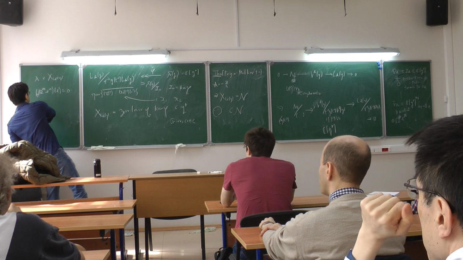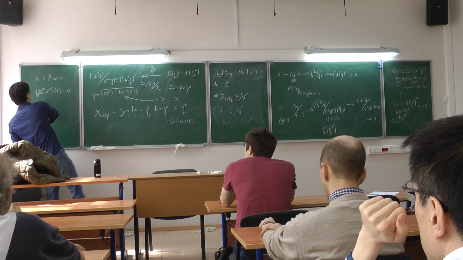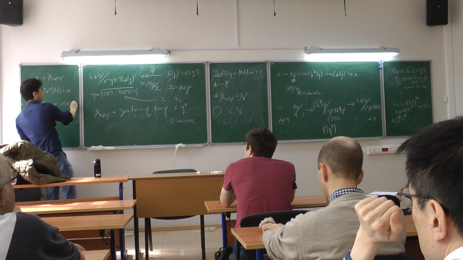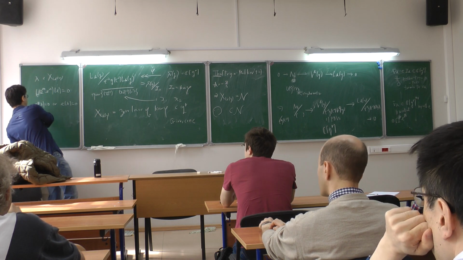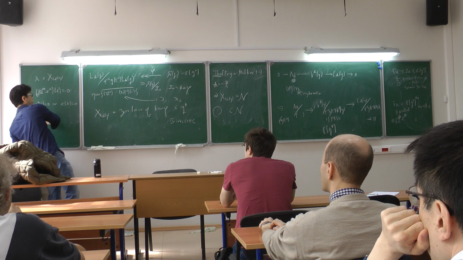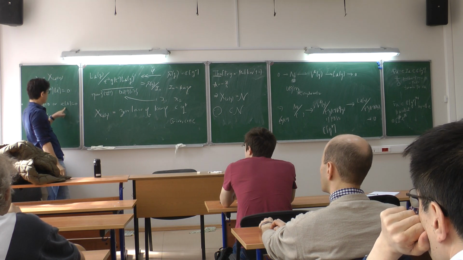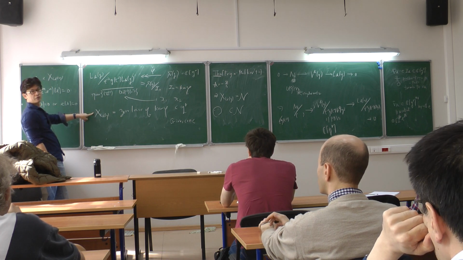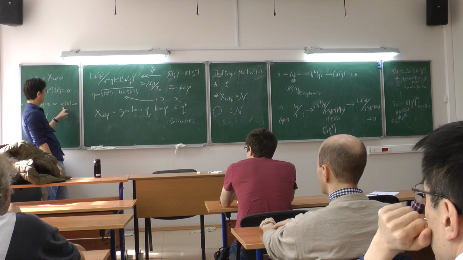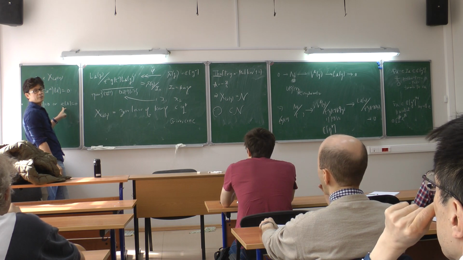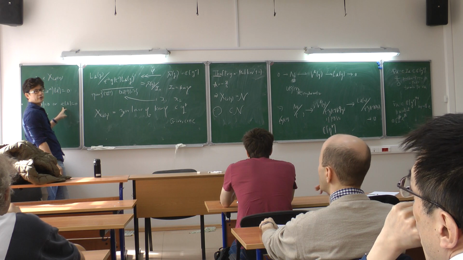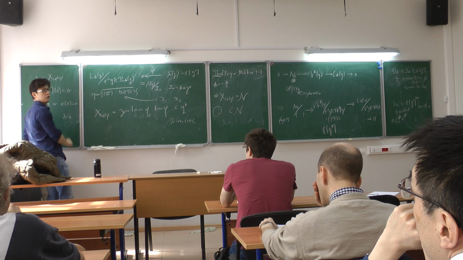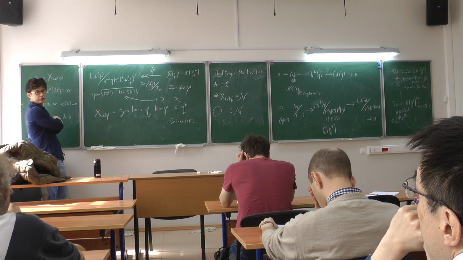So it's either killed by Casimir or killed by E. But if this is the case, this belongs to the nilpotent cone. And recall that this is invariant under the action of G. So it's killed by any nilpotent element. And because any element of SL2 can be written as a sum of nilpotent elements, this means that lambda equals 0. So in any case, lambda has to be inside the nilpotent cone.